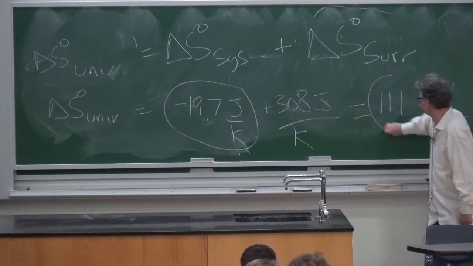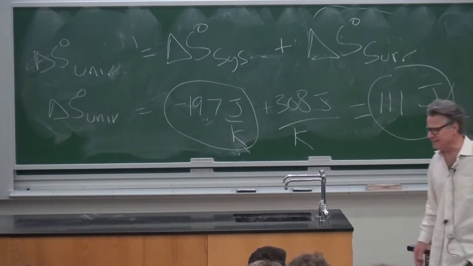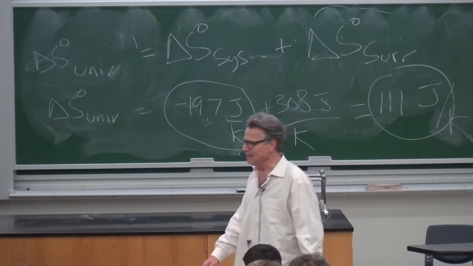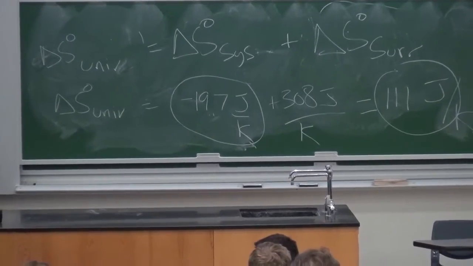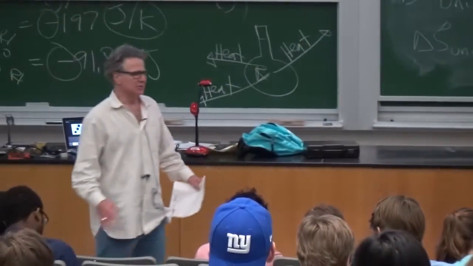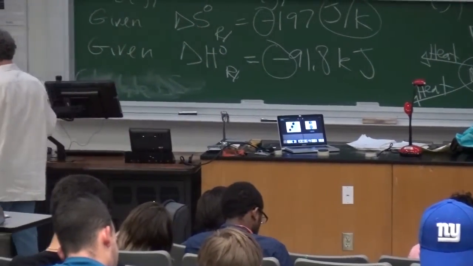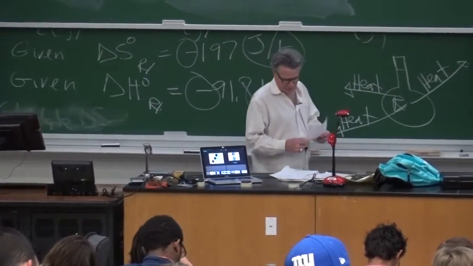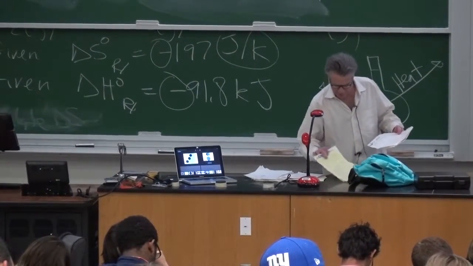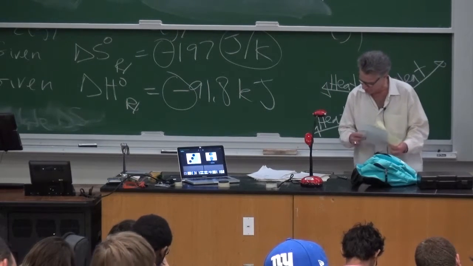And in the net, we got a positive number, so therefore the answer to the question is yes, the reaction is product favored at this temperature. So key conceptual things here in this problem that really help me understand this notion of entropy and the interplay between delta H and delta S. That's what this thing illustrates.